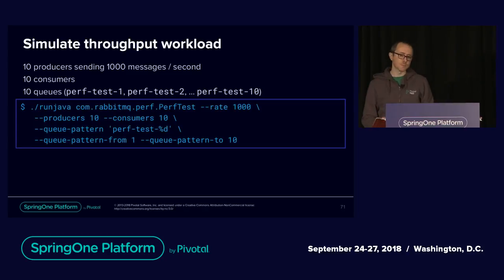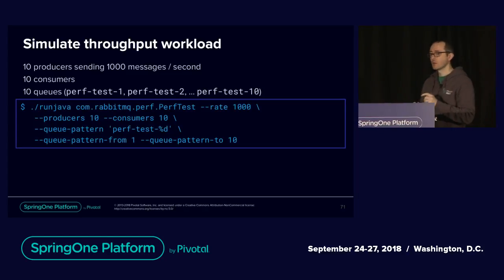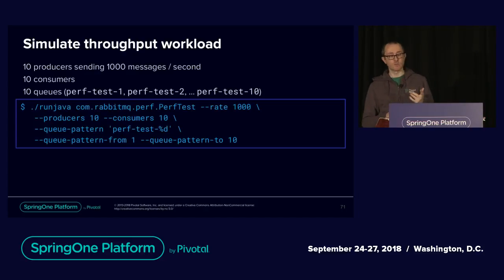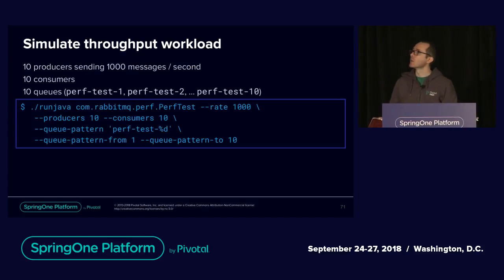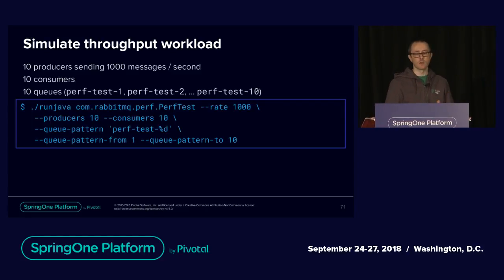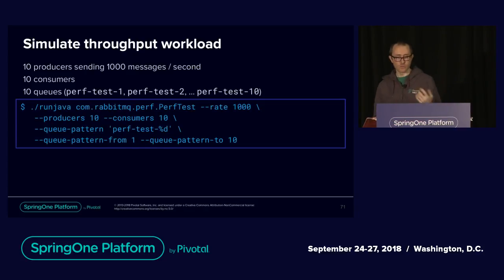A few examples. A simple little throughput workload: 10 producers which each produce 1,000 messages per second, 10 consumers, and you want to balance this on 10 queues. So nothing fancy in this command line. There's the rate option, the number of consumers and producers.